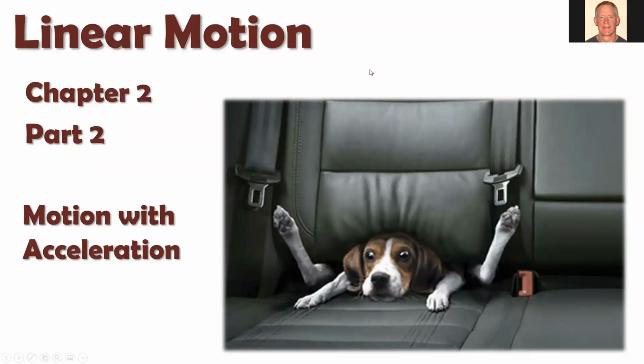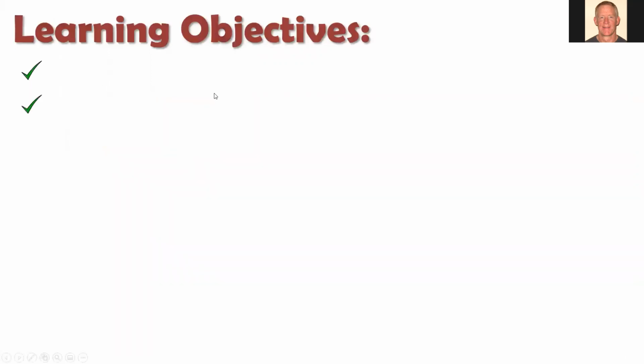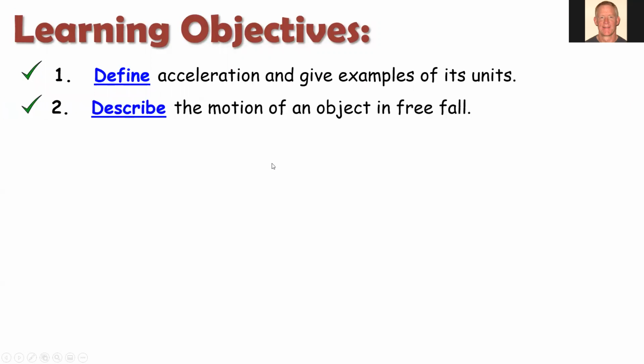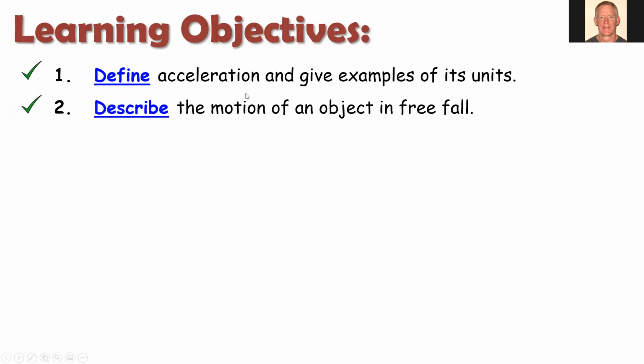Gibson here. Today we're going to continue our lesson series in linear motion and specifically look at motion with acceleration in greater detail. The objectives that we've already talked about are how we defined acceleration and gave examples of its units.